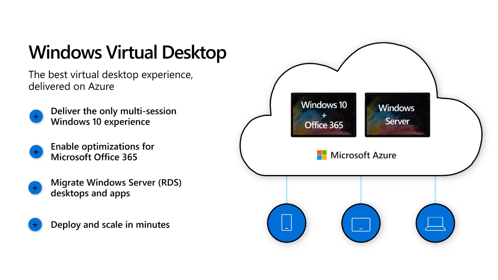And if you are a traditional remote desktop services customer who has been using remote desktop services on-premises, you can even migrate it to Azure and run it as WVD. You can deploy and scale in minutes. So it's in Azure, in the cloud. If you need 2 desktops, or 20 desktops, or 2000 desktops, you can simply scale it in minutes because it's running in the cloud, and you get the capability of scaling those workloads.